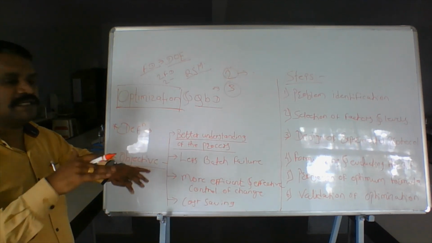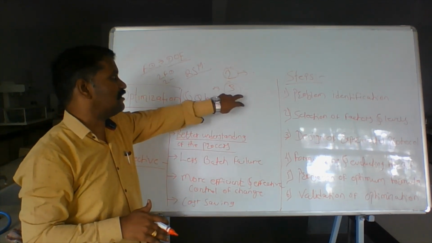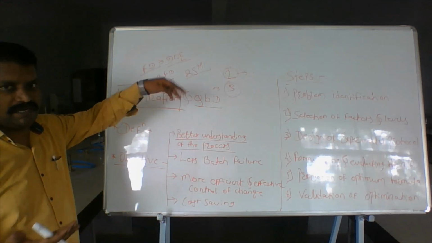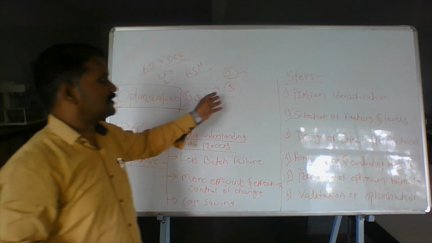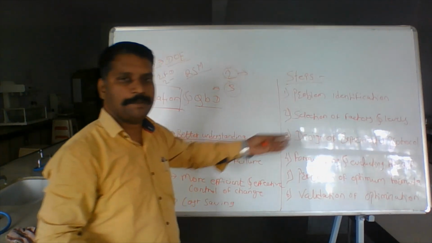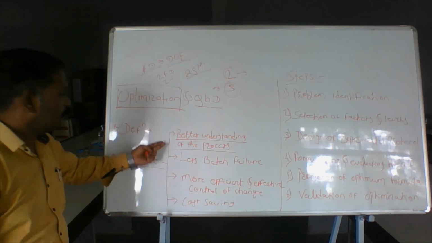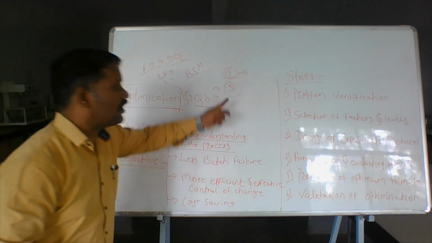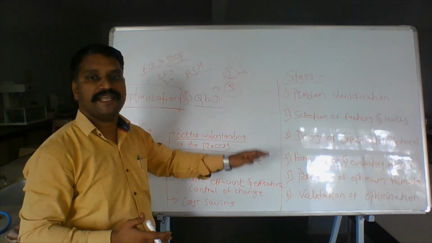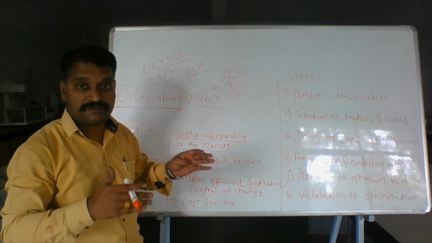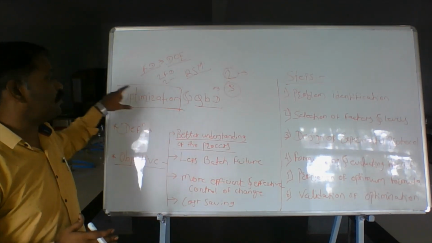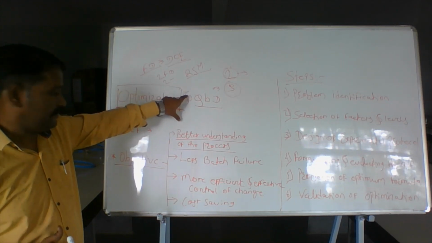How to decide the selection of factors and levels, low, high, or middle level in case of a three-level design, we'll discuss later under the optimization strategy or stages of the optimization technique. Because of this, the chances of batch failure are very low, which is a very important advantage of the optimization technique in formulation development.